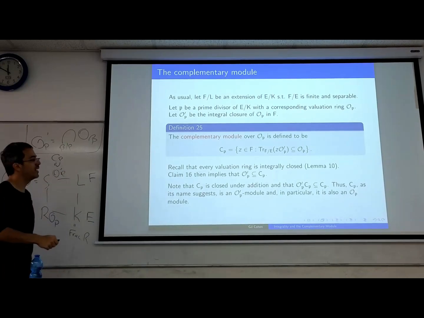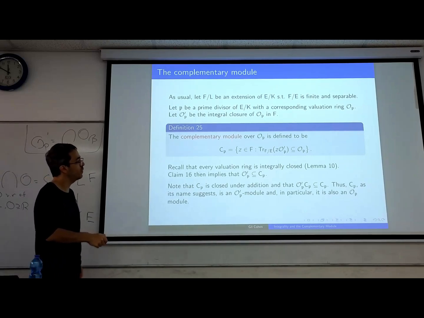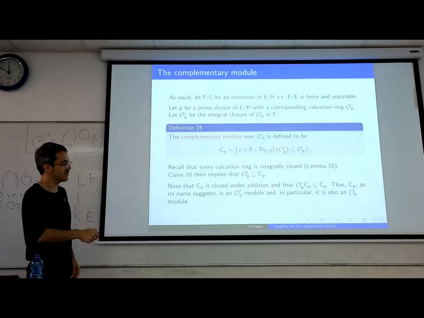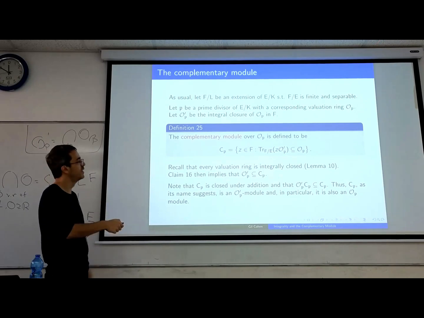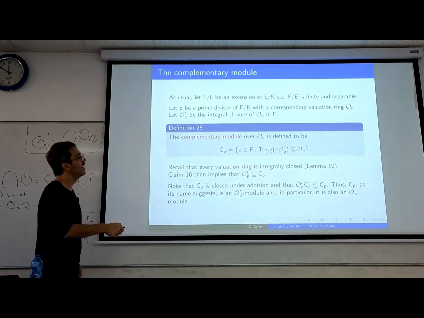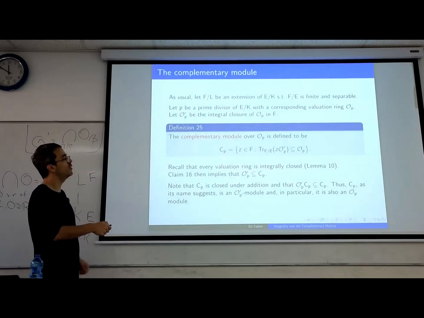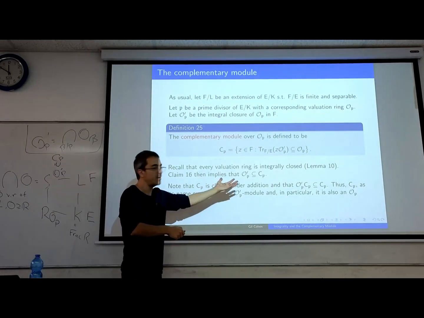Another thing we know, just to justify the name, is that CP is closed under addition, right? Because if Z and Z prime satisfy that, then the trace sums up nicely and so forth. So it's closed under addition, and also, if Z is an element in the complementary module, then Z times any element in O prime P is also there.